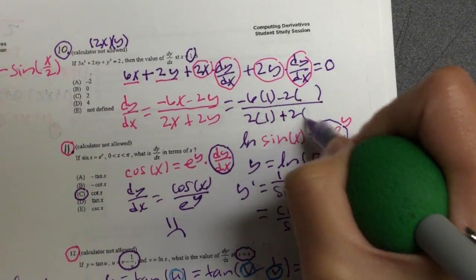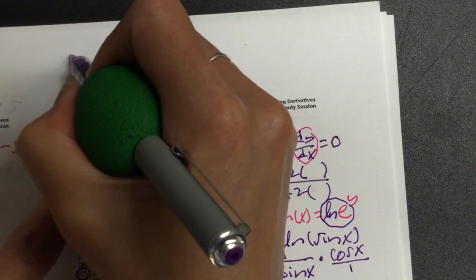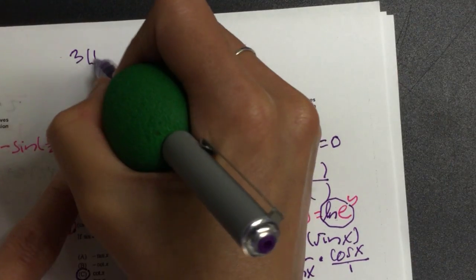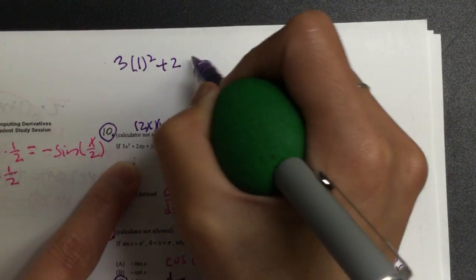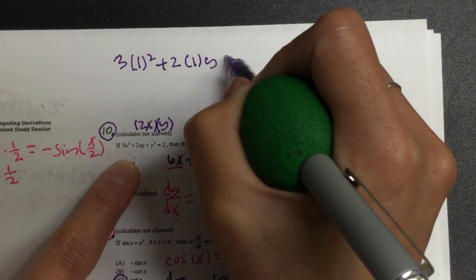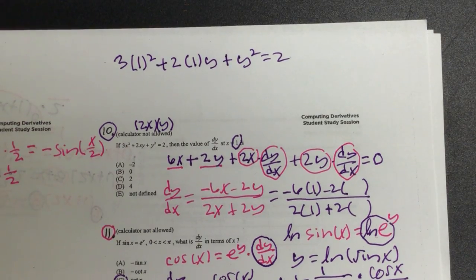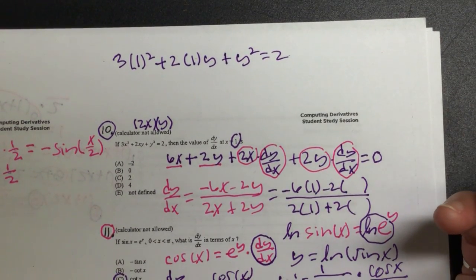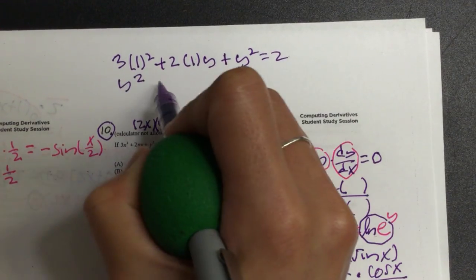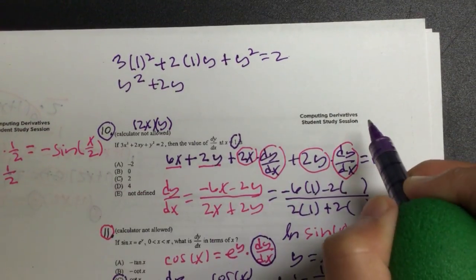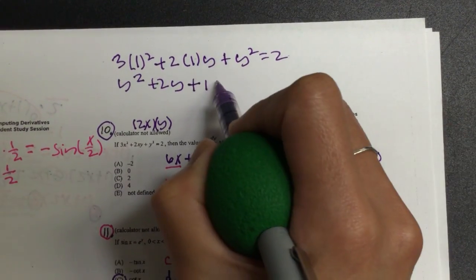So I need to plug back into the original to find the y. We have 3 times 1 all squared plus 2 times 1 times y plus y squared is equal to 2. If I rewrite this in a way that is factorable: y squared plus 2y, and when I move the 2 over, plus 1 is equal to 0.